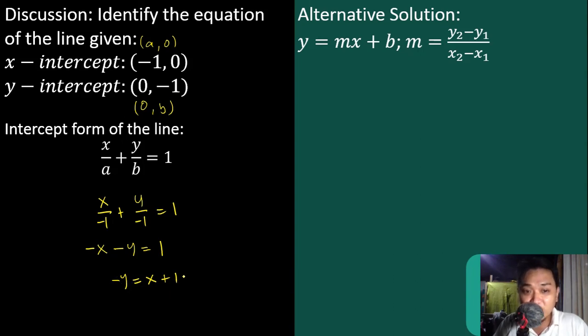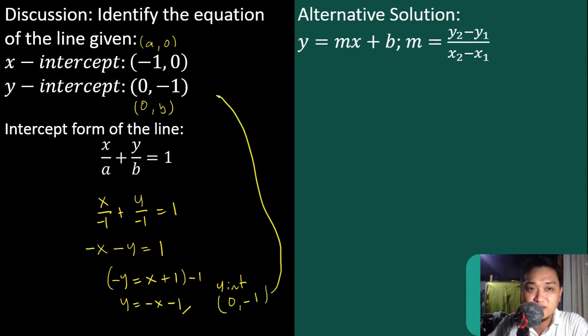We still have a negative, so let us multiply everything by negative 1. That becomes y is equivalent to negative x minus 1. So our y-intercept is 0, negative 1. It is the same, so, therefore, we are correct.